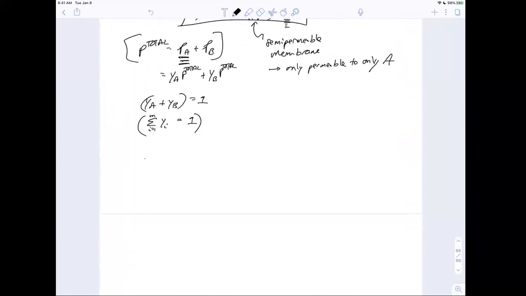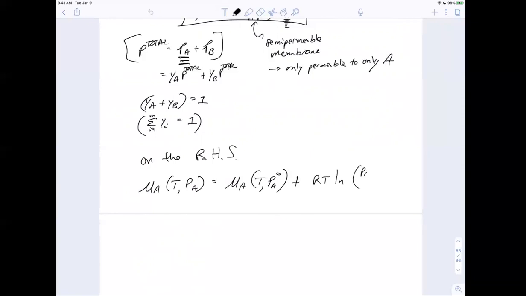So we know on the right-hand side, mu sub A, which is at temperature T and P sub A, is going to be mu sub A. And since this is all at constant temperature, we're just going to let that be P sub A superscript 0. We'll have some reference pressure. We can let it be 1 bar, but for the purposes of generality at the moment, we'll just say that mu sub A at T and P sub A is equal to mu sub A at T and P A superscript 0 plus RT natural log P of A over P of A superscript 0.